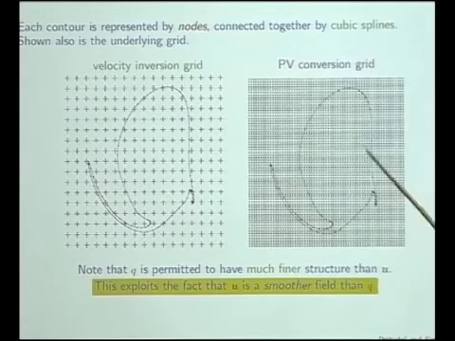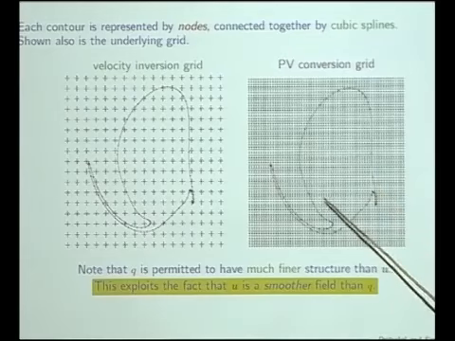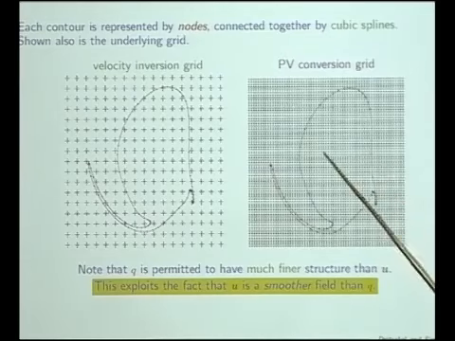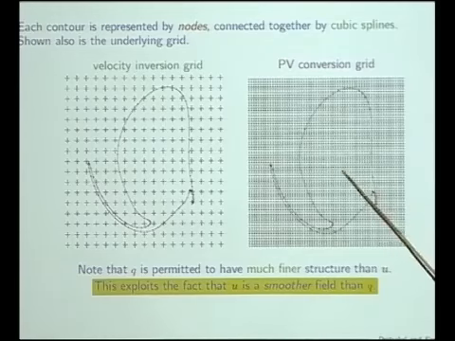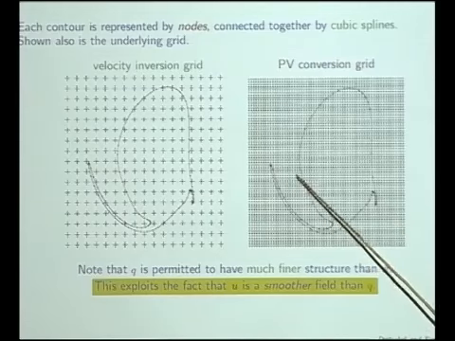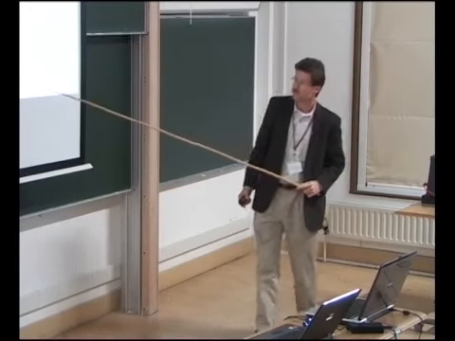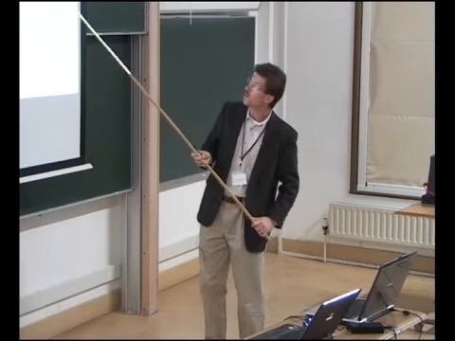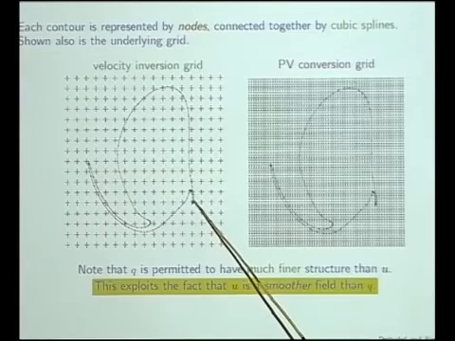So this is sort of what happens. We invert the velocity field on a grid like this, and we actually use a finer grid, exactly 4 times finer in each direction, to do the fast fill routine, if you like, that fills in the potential vorticity inside the region. And the use of the finer grid here allows one to get a better approximation for the circulation inside the region that's shown here.